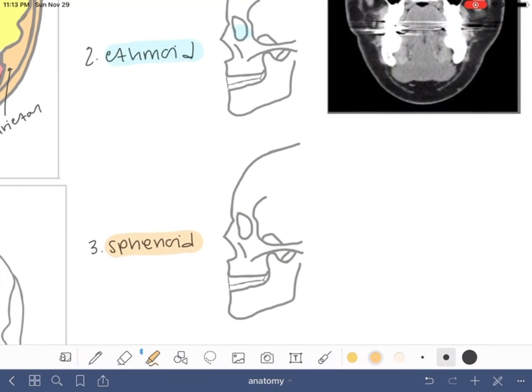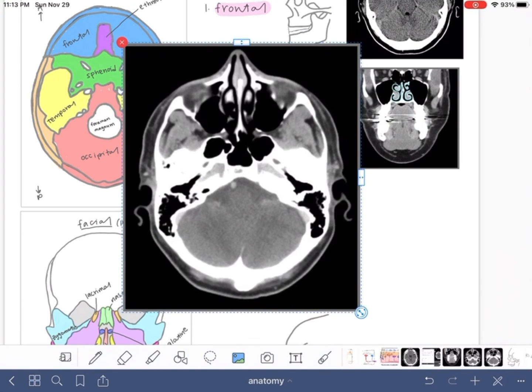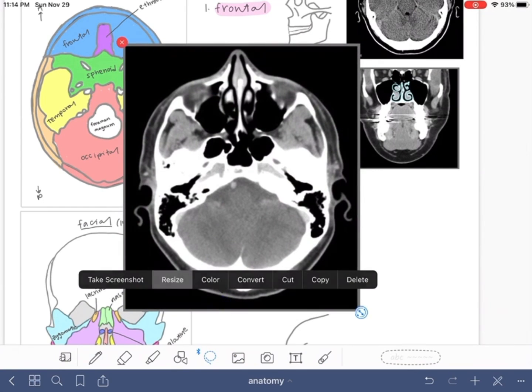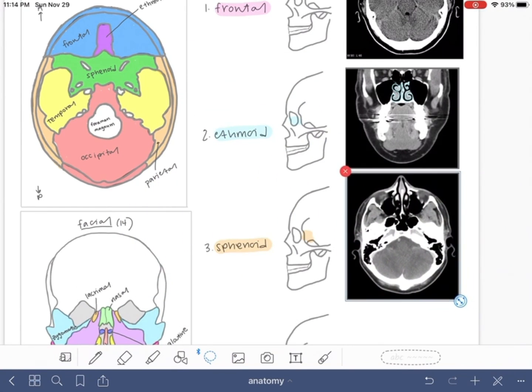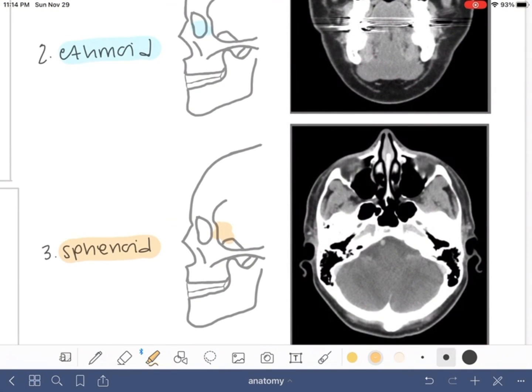And this is going to be more posterior than the ethmoid sinus. There we go.